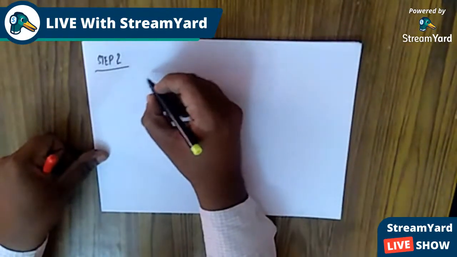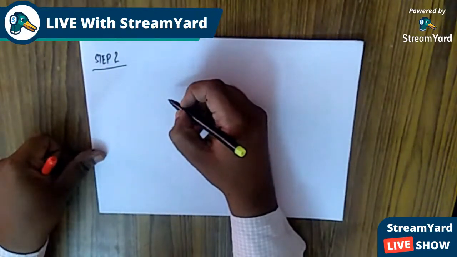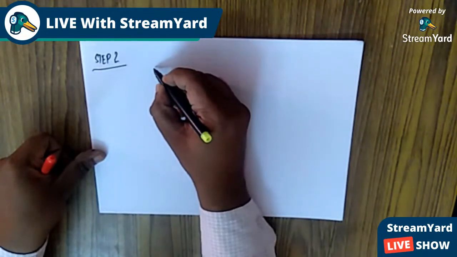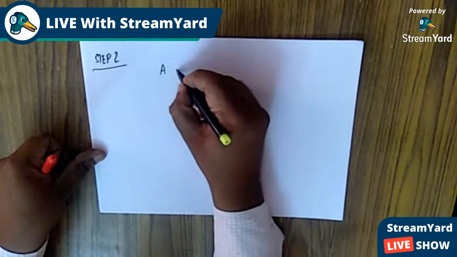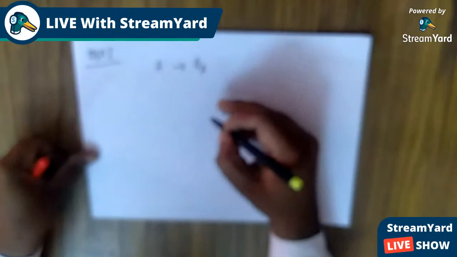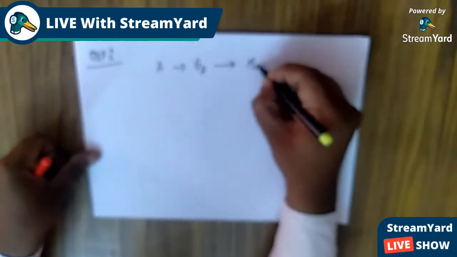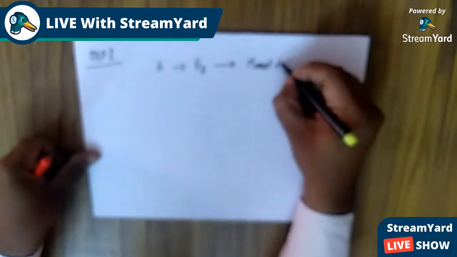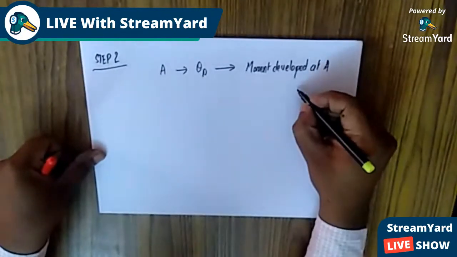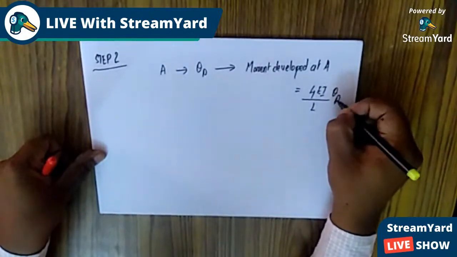As we have applied a point load in the span AB, let the rotation at end A be theta A. Due to this rotation theta A, the moment developed at A will be equal to 4 EI upon L theta A.